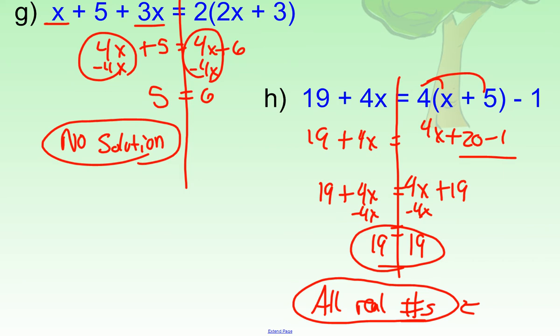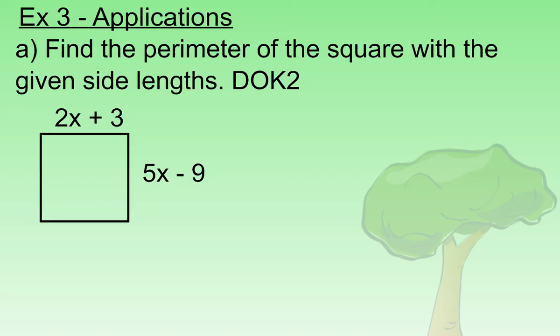So let's get some applications. Example 3 says find the perimeter of the square with a given side length. So it wants us to find the perimeter. So you think back, okay, perimeter of a square.